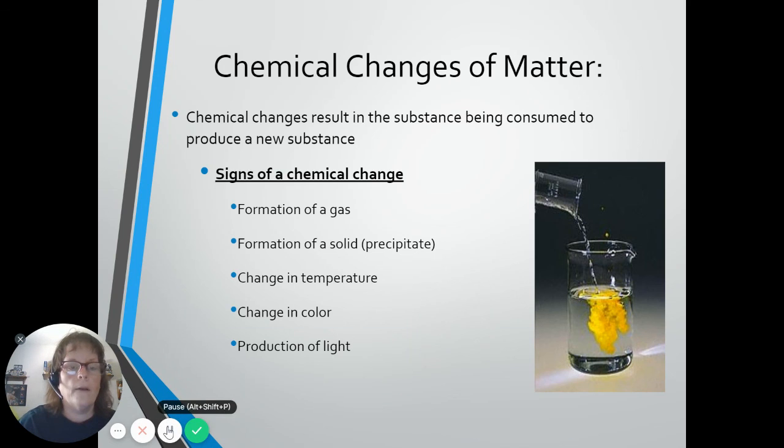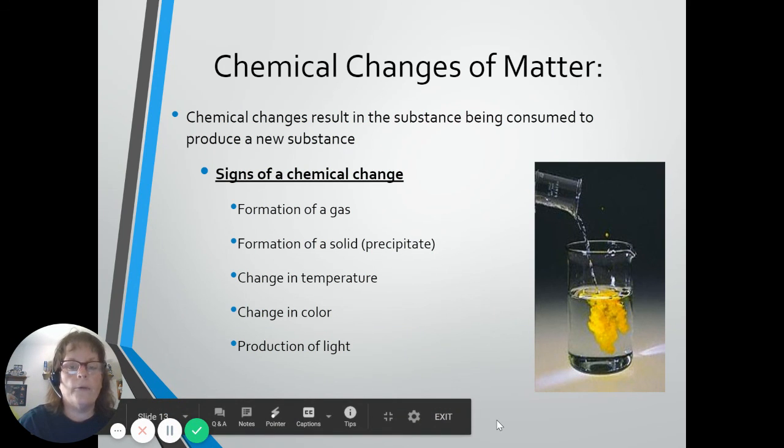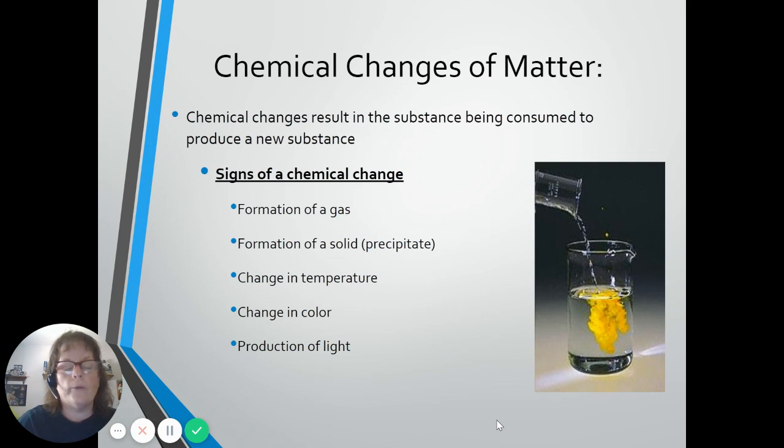All right, so you can look for chemical changes of matter. Basically, chemical changes result in the substance being consumed to produce a new substance. Some of the signs to look for to see if you have a chemical change are the formation of a gas or the formation of a solid precipitate.